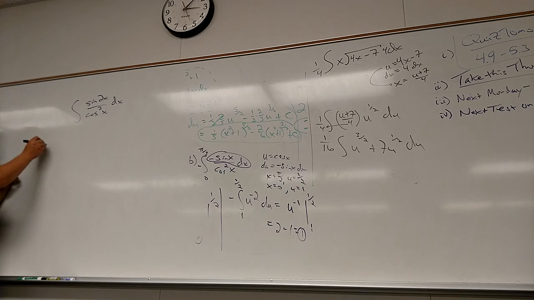If I let u be cosine squared, what's du? 2 cosine x, negative sine x. Derivative of cosine, it gets a negative. What is 2 sine x cosine x? Two sine x cosine x is sine 2x.